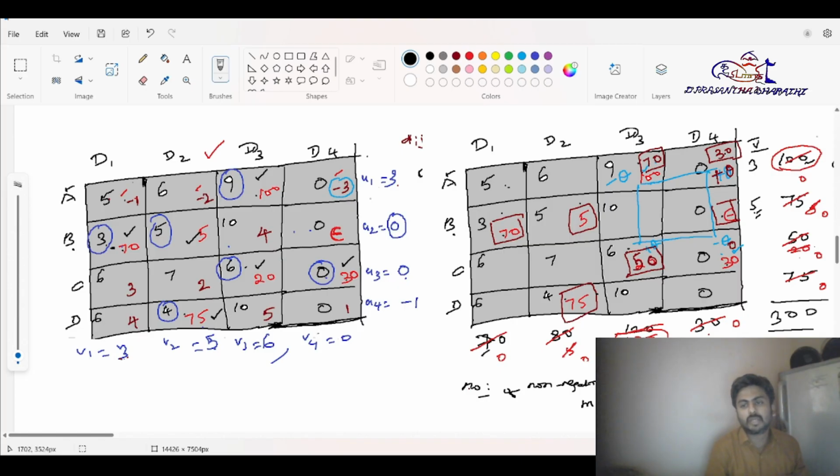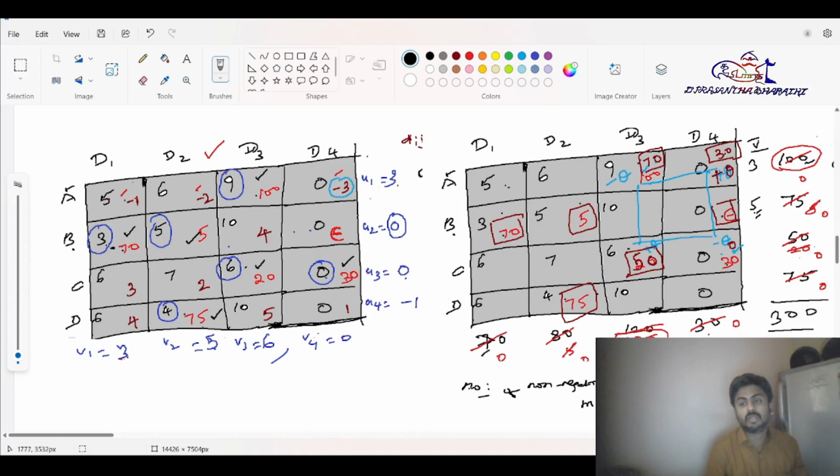Since allocations equal m plus n minus 1, what will happen? The solution is feasible. It is non-degenerate.